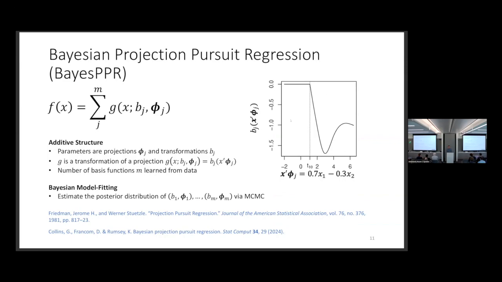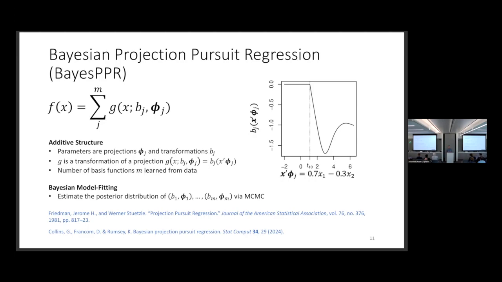So an example is shown here on the right. The horizontal axis here is actually the projection of the two-dimensional feature. And then we have this curvy hockey stick as a nonlinear function of that projection.